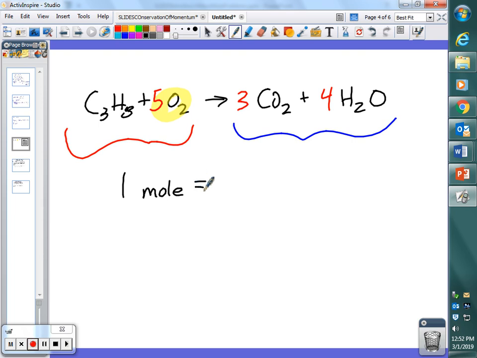Does anybody remember anything about a mole from when we talked about it before? It's used to count matter. It's used to count, let's stop the statement there. It's used to count, okay? What's true about a mole of anything?